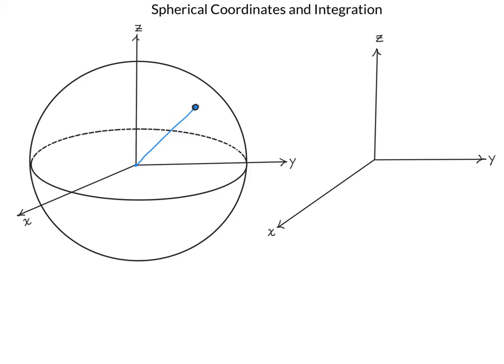This distance is rho. So I want to draw a perpendicular line from the z-axis out to my point, and I'm going to dash that.